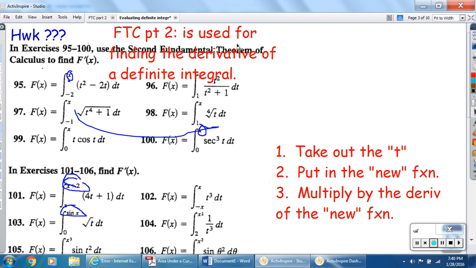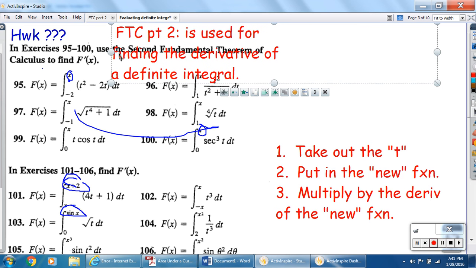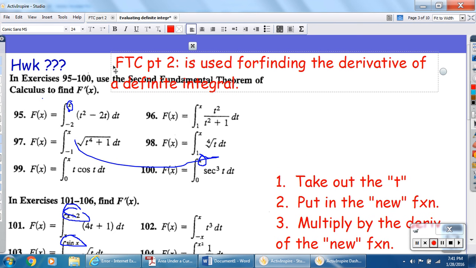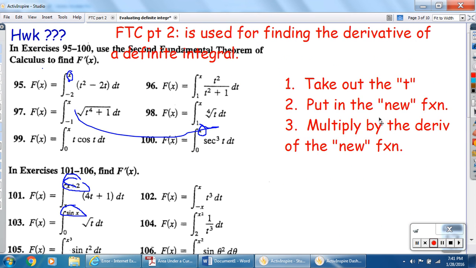I'm going to move this up here out of my way and keep this at the top.